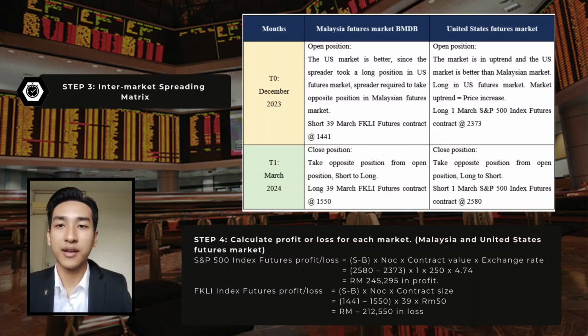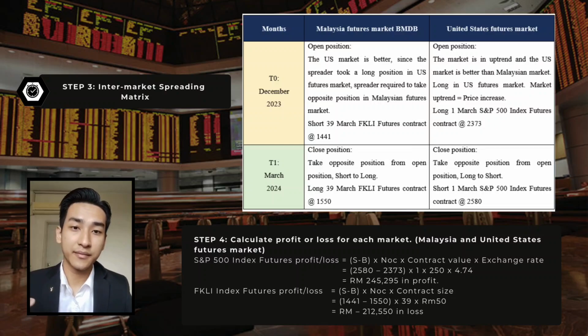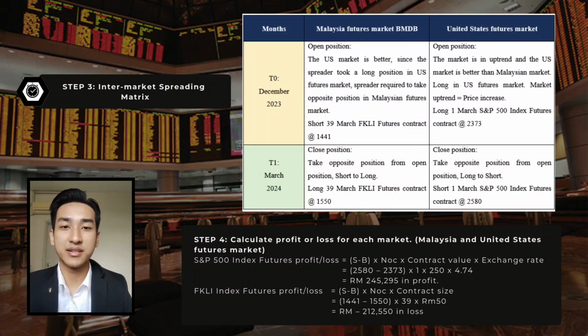So what we have to do is go long in the US futures market because the market is currently in the uptrend. However, it is in the uptrend worldwide, and the US market is better than Malaysia. So we have to go long here. So our decision: long 1 March S&P 500 index futures contract at 2,373 ringgit.